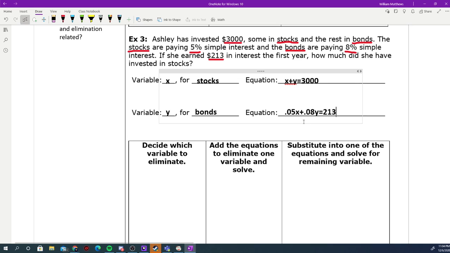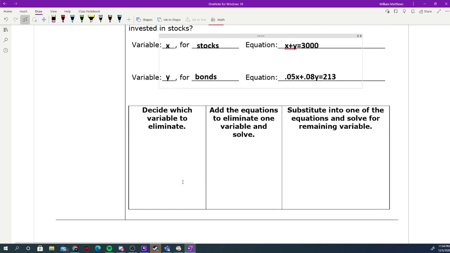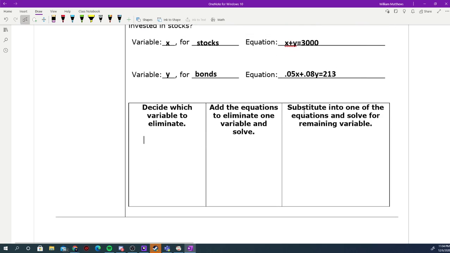We want to eliminate a variable. Easier one would be the x, just the same way that I was going to eliminate it in the last problem with 0.05. Make sure I get everything organized again. I stated that I want to eliminate the x.